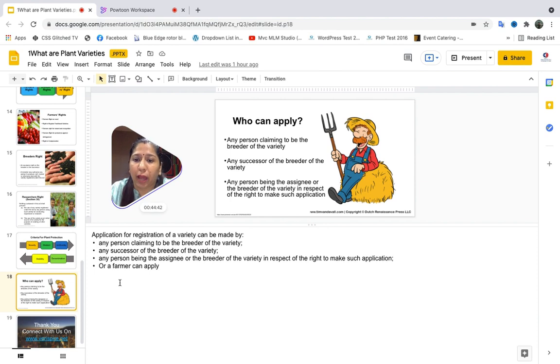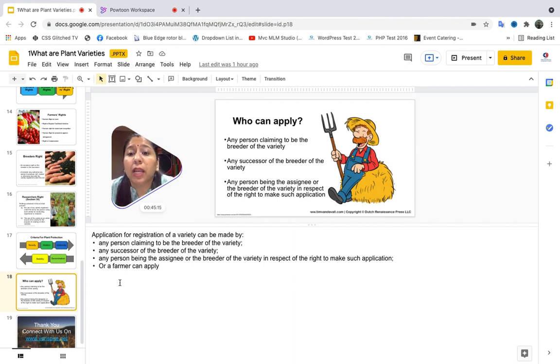Now, who can apply for it? Who, as a person, could apply? The application for the registration of a variety can be made by any person. When I say any person, what does that mean? Any person who claims to be the breeder of that variety can file the application. Any successor of the breeder can also file. Let's say I am unable to file an application, but my successor is able to, so that person is okay.